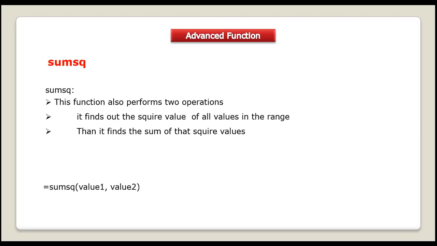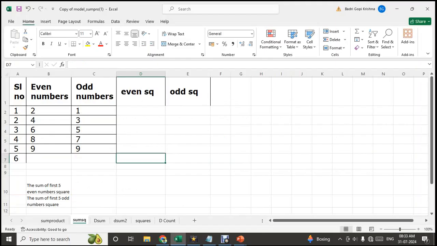Or of course you can also use a row range. This is the Sumsq. Here I provided some even numbers and some odd numbers. Of course, you can use any number of values there. Just for example, I took only 5 values at both ends, right?